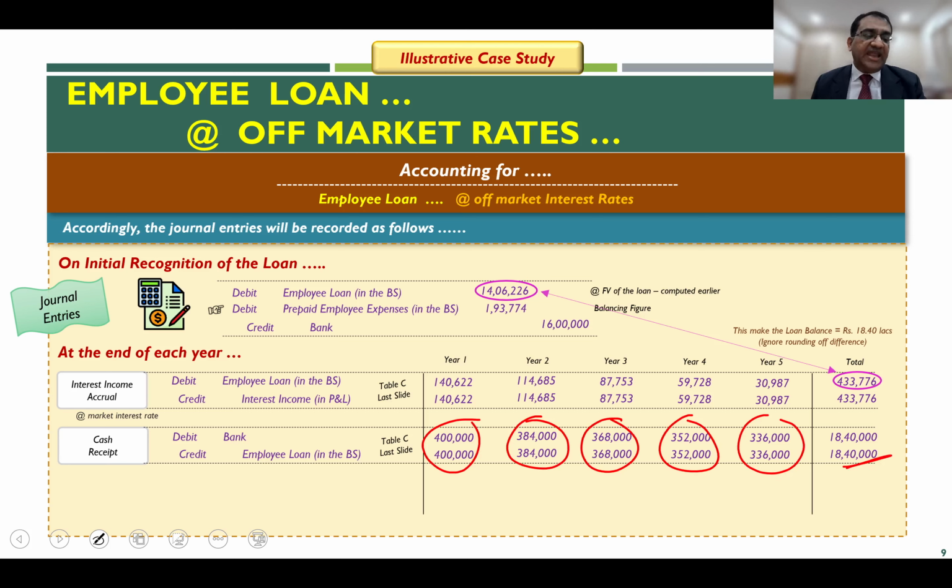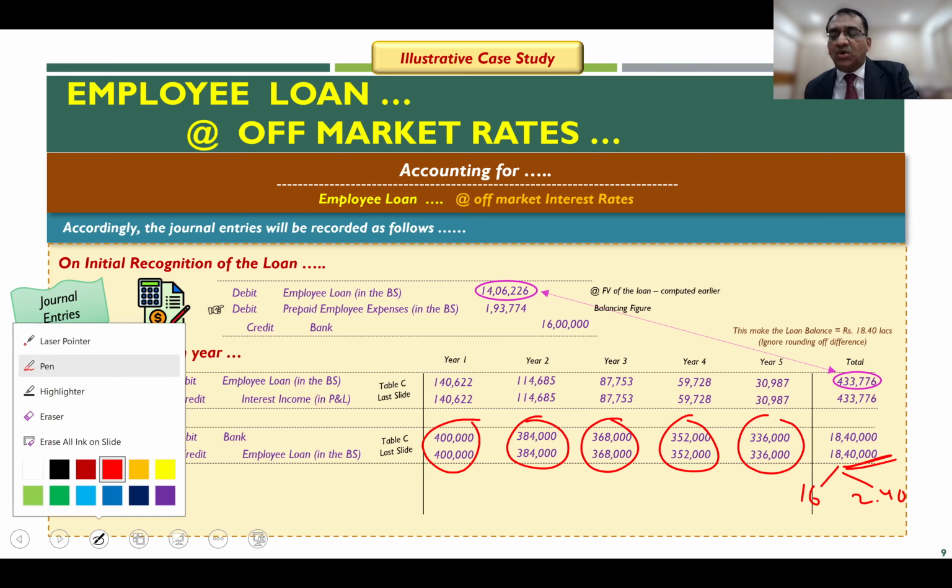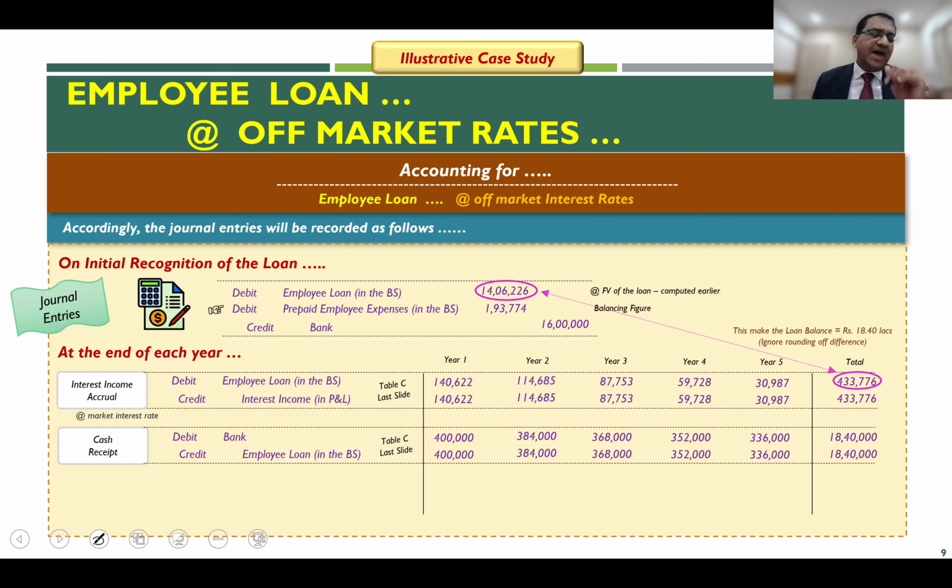So the total is 18,40,000. What is 1840? 1840 is nothing but 16 lakh of principal and 2.4 lakhs of the interest you are contractually supposed to pay at 5%. Right? So the 18.4 lakh is the total cash outflow which will happen in this case. So you will record the entry for each of the year, cash being received.